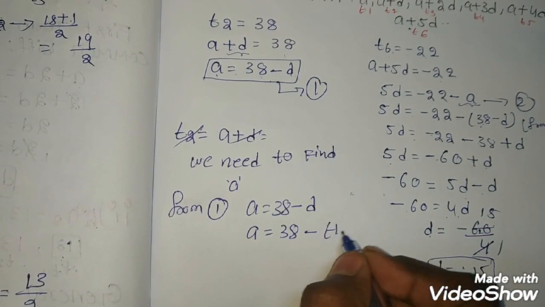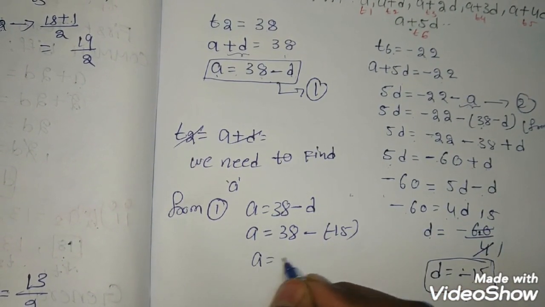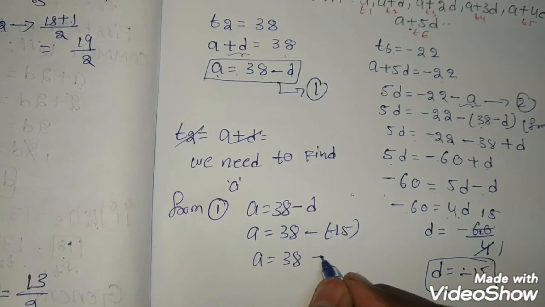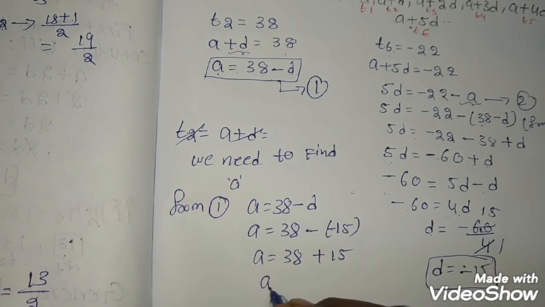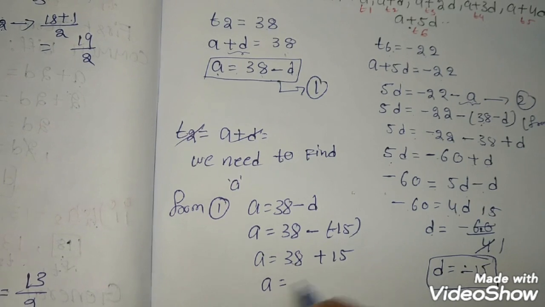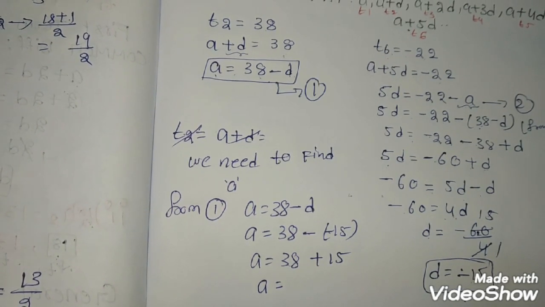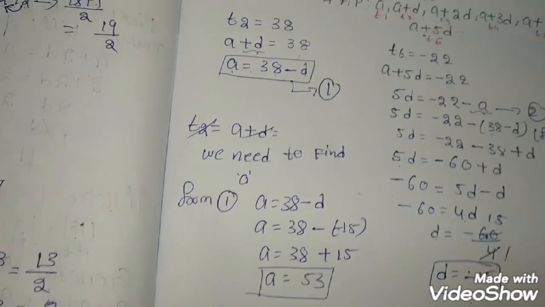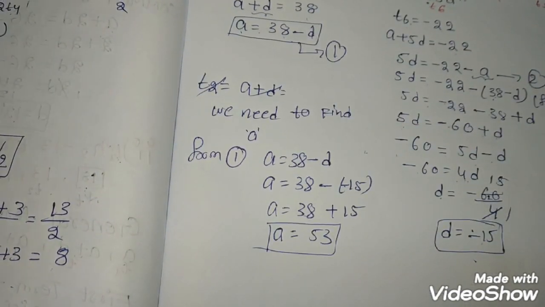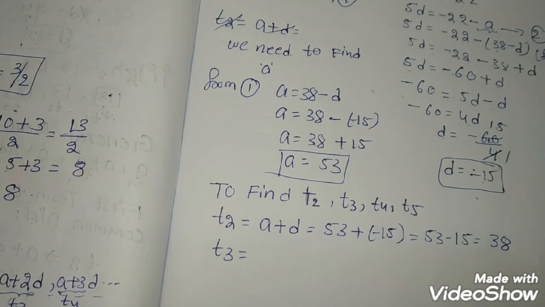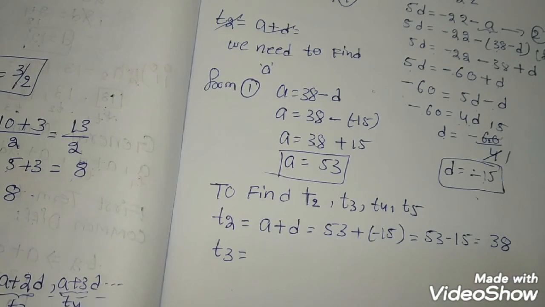Minus 15. A is equal to 38 minus into minus, plus 15. A is equal to 38 plus 15. What do we get here? Equal to 53.